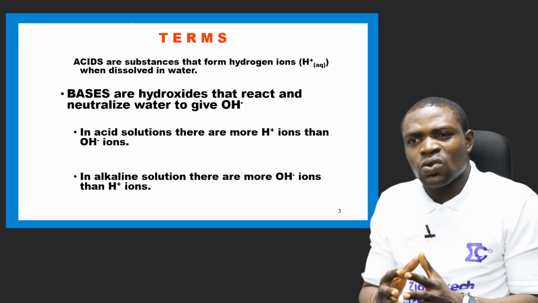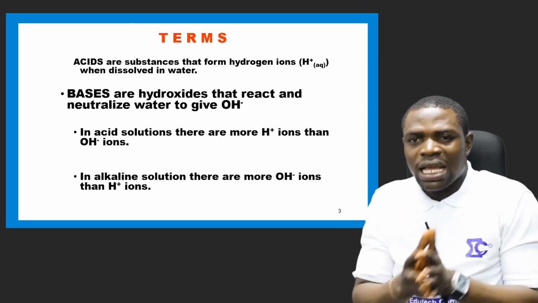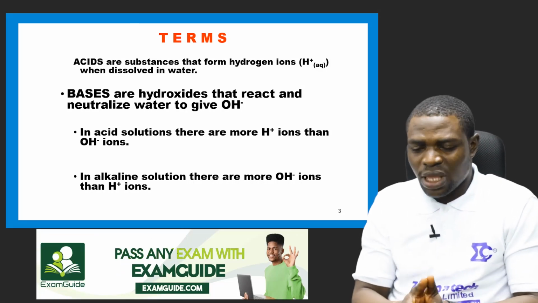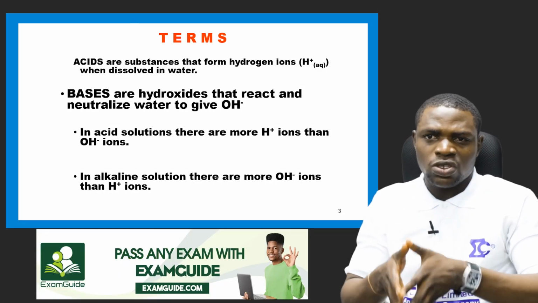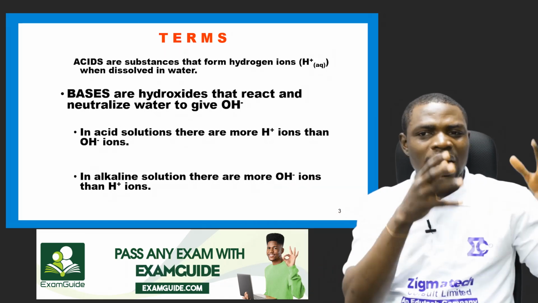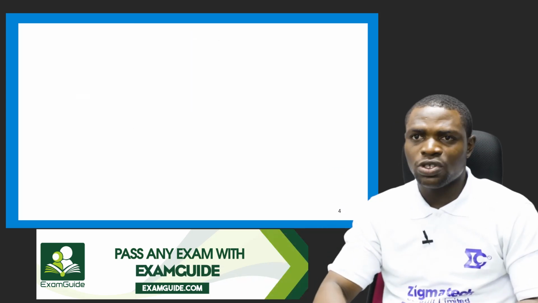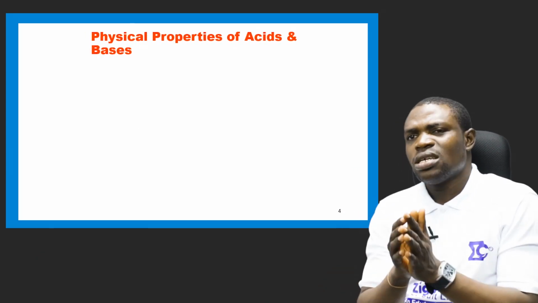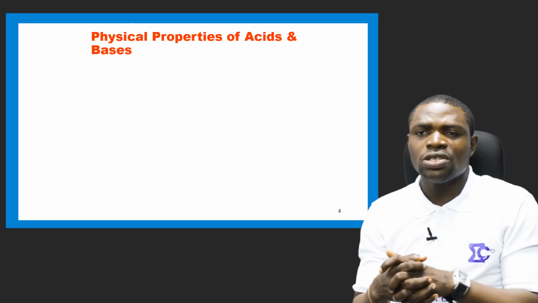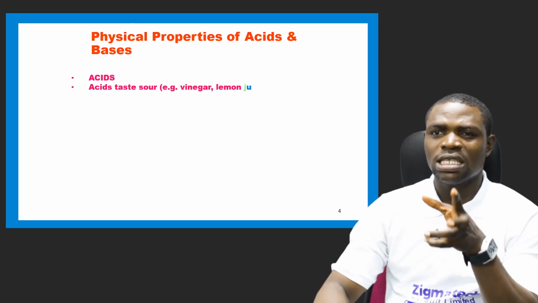In an alkaline solution also, there are more hydroxide ion than hydrogen ion. So you need to understand this. In acidic solution, hydrogen ions are more than hydroxide ions, but in alkaline solution, hydroxide ions are more than hydrogen ions. So don't confuse yourself.